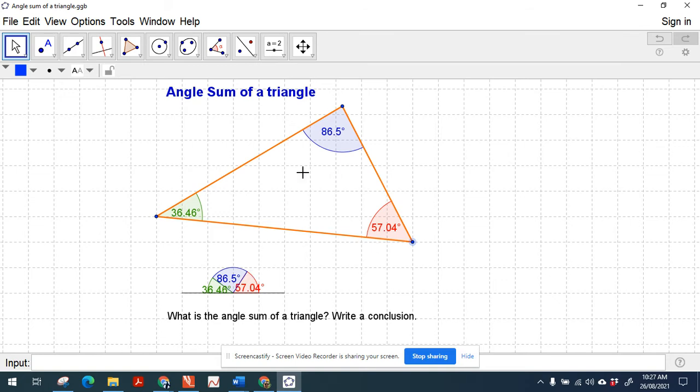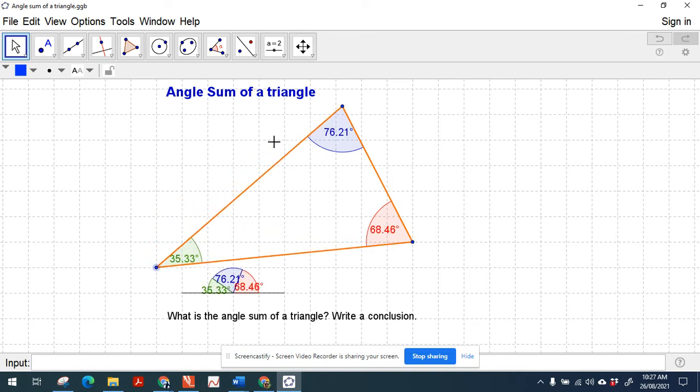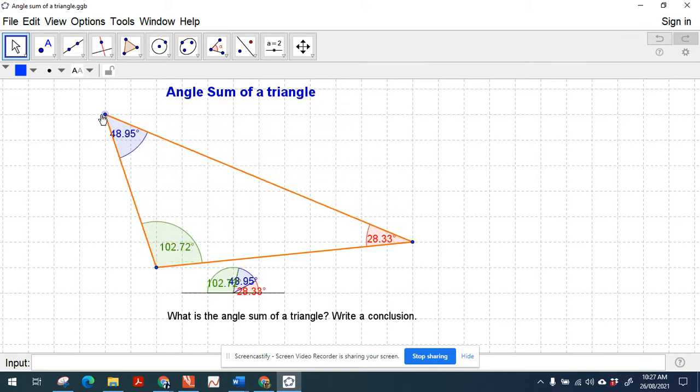So that shows you that the three angles of any triangle actually form a straight angle of 180 degrees. Okay, so that's true for any triangle. So I can just drag that into another position.